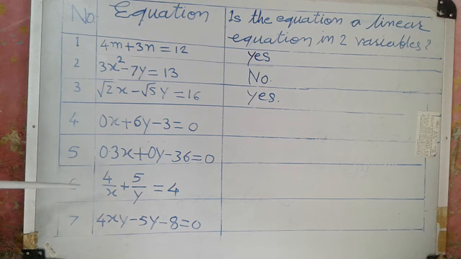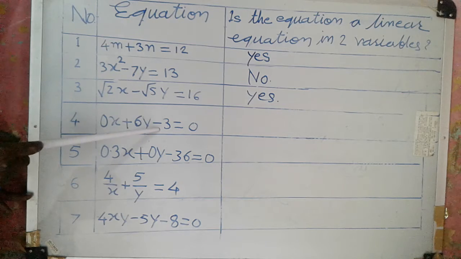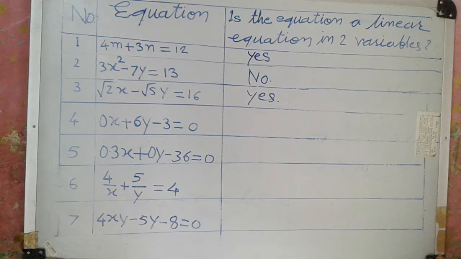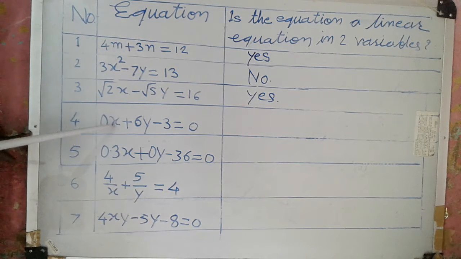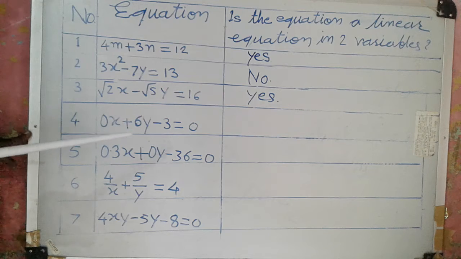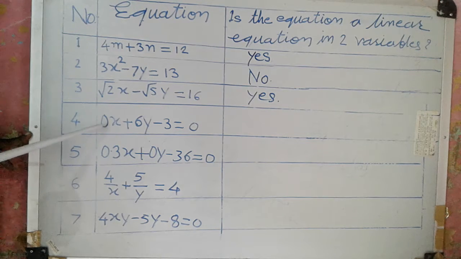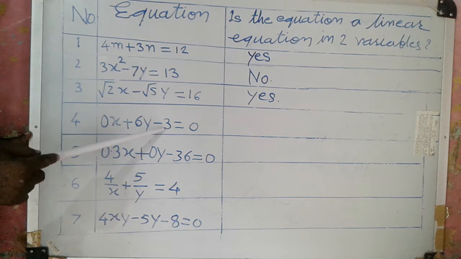Now equation number 4. 0x plus 6y minus 3 is equal to 0. If you compare this equation with the general form ax plus by plus c is equal to 0, here we get a is equal to 0, b is equal to 6, c is equal to minus 3.